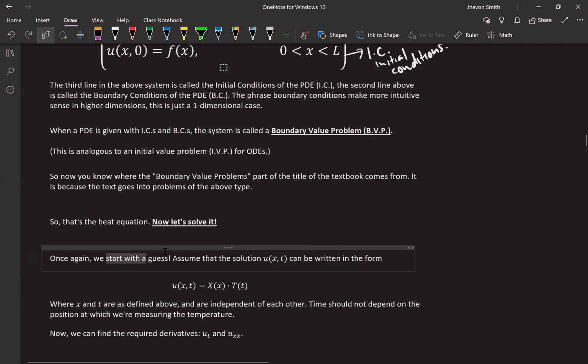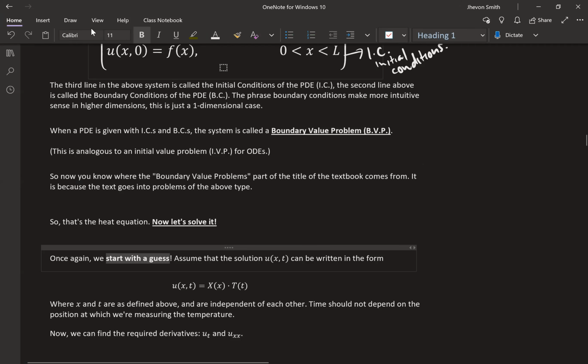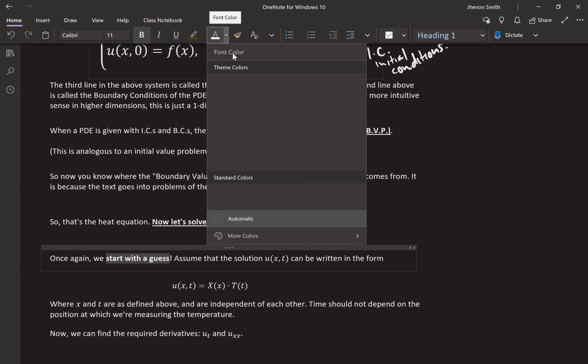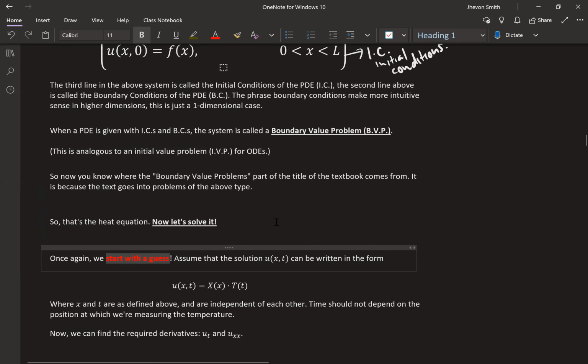That's kind of the game we've been playing. When it comes down to it, we've been doing this for a long time, and we have all these theorems that in the background help us to know that we'll be okay after doing this. You can start with a guess, but as long as you get to an answer which you can verify is a unique solution, then your guess pans out. Here's the guess that Fourier started with.